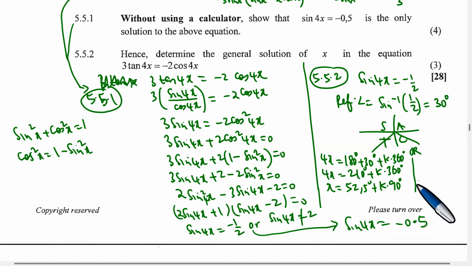Or you have another one. You also have 4x is equal to, and to get this one, it's going to be in the 4th quadrant, which is 360 minus 30 plus 360 degrees times k, where k is in z.